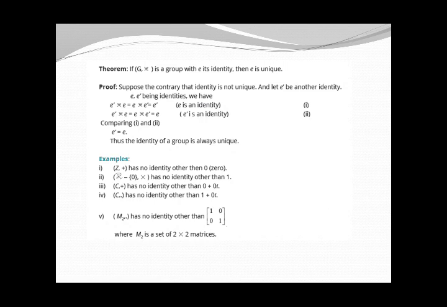With respect to addition, their identity is 0 plus 0 iota. And C dot means complex numbers with respect to multiplication, their identity is 1 plus 0 iota. M2 means matrices of order 2 cross 2. Their identity is 1 0 0 1.